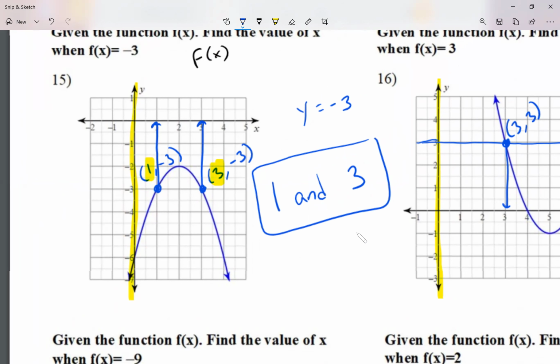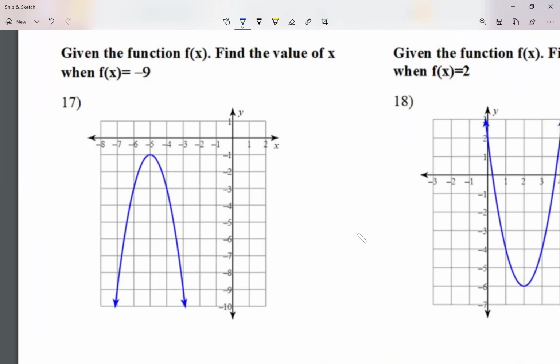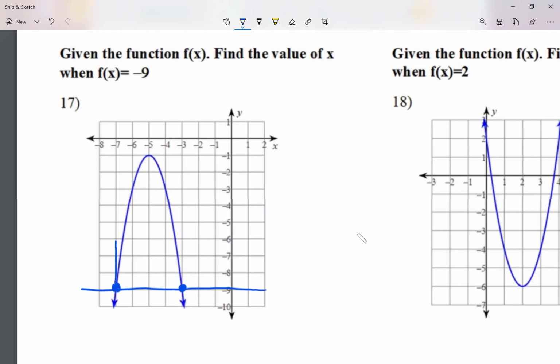So having that said, let me take a look at number 17. Given the function of f of x, find the value of x when f of x equals -9. So on the y-axis, I find -9. I see where I cross my function. It's right here and right here. Now, looking straight up, my x value of one of them is -7, and then the other one is -3.